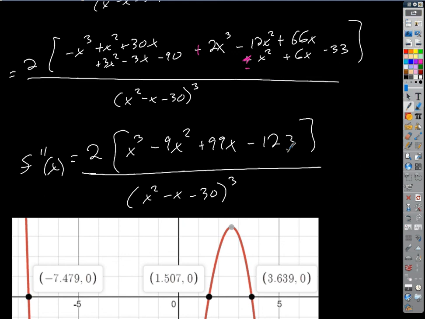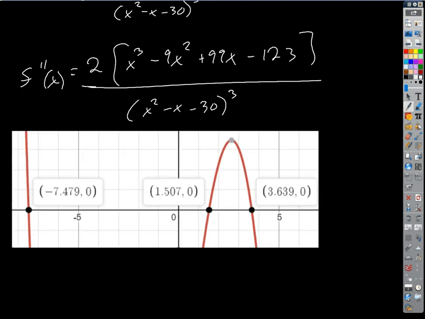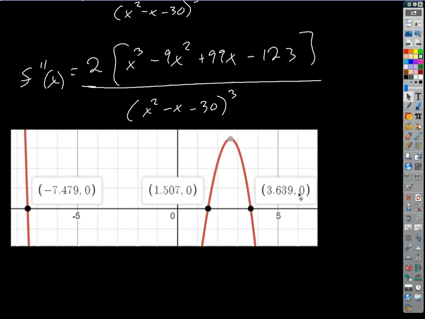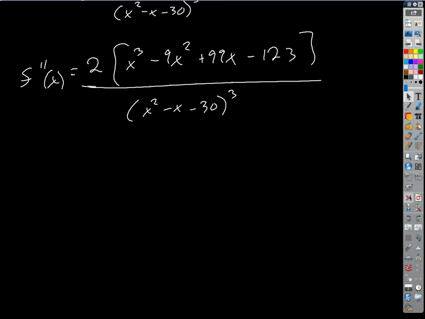Okay, that's very different. That changes it. Okay, back to the drawing board. So that's our second derivative. Let's find the zeros of that.